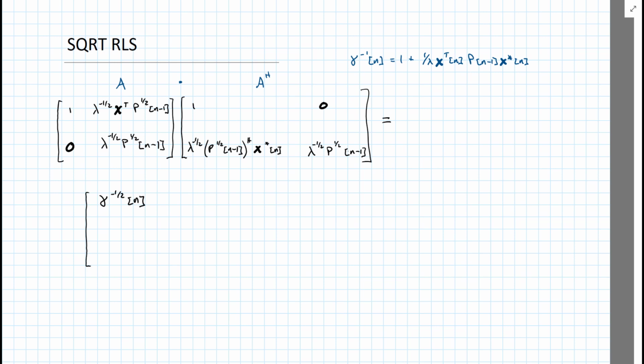We're going to do the hard work of factoring this into a pair of matrices, also Cholesky decomposition type matrices.